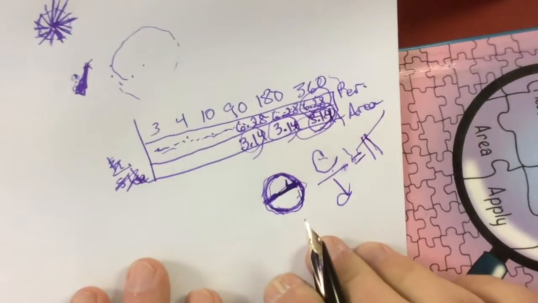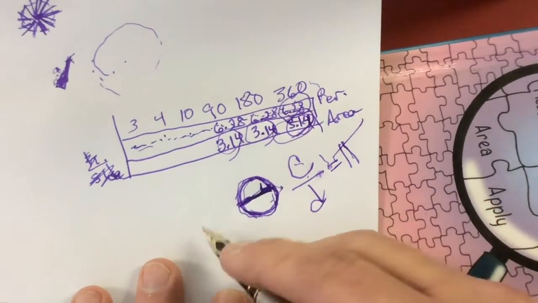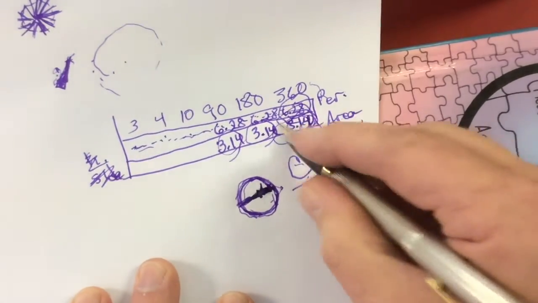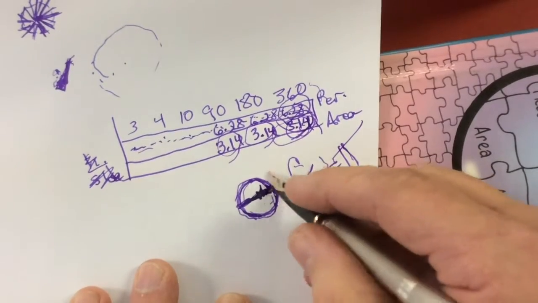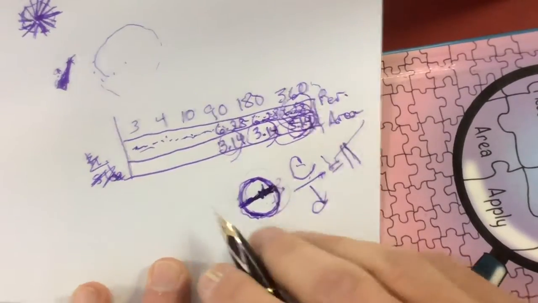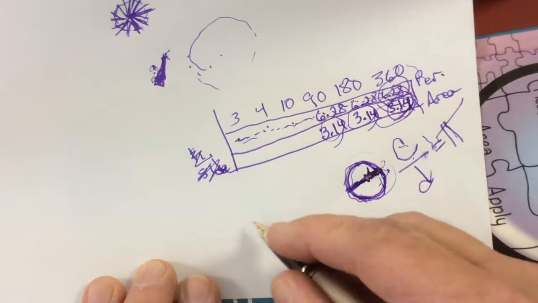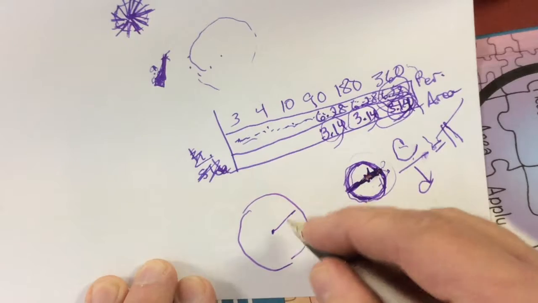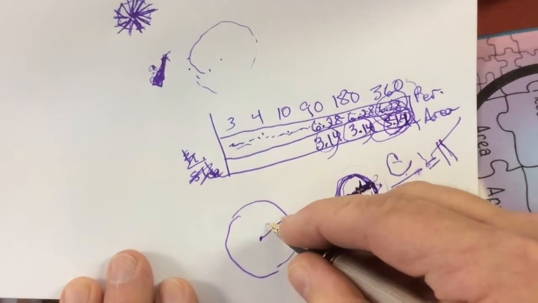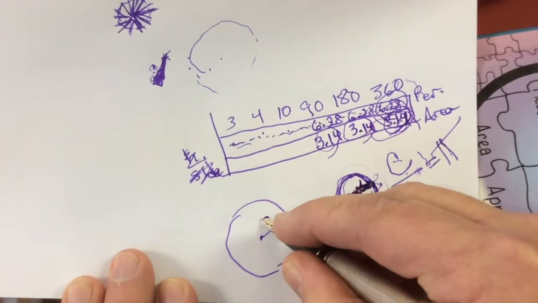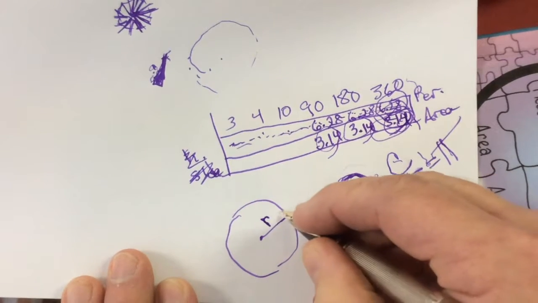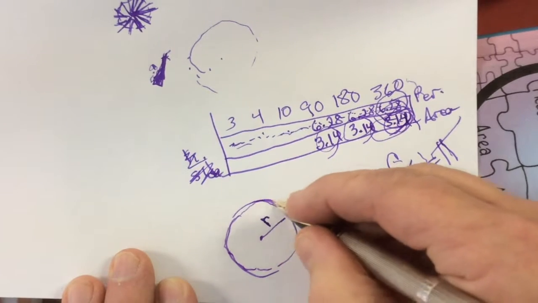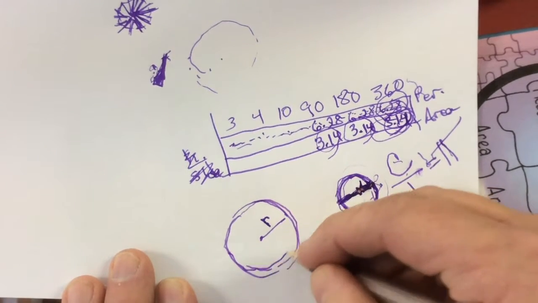Okay. And that means that the area of this is pi. The perimeter is 2 pi. If we started to dilate this and multiplied this radius by r, we know from our experience that the distance around would also be multiplied by r.